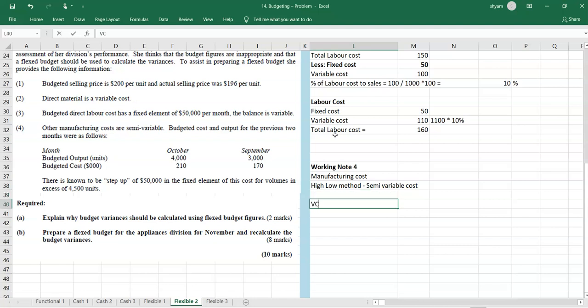The first one is variable cost per unit equals high cost minus low cost divided by high units minus low units.